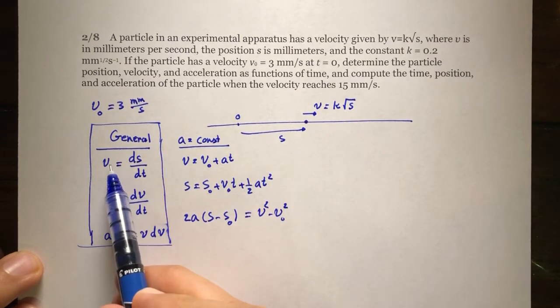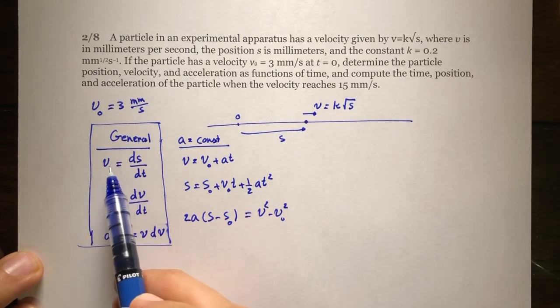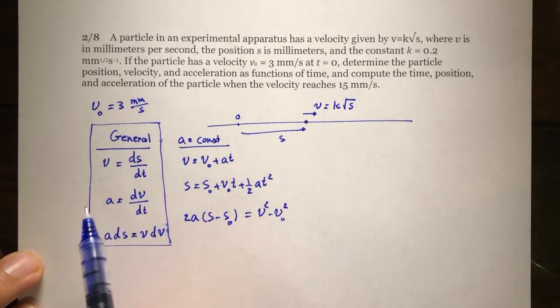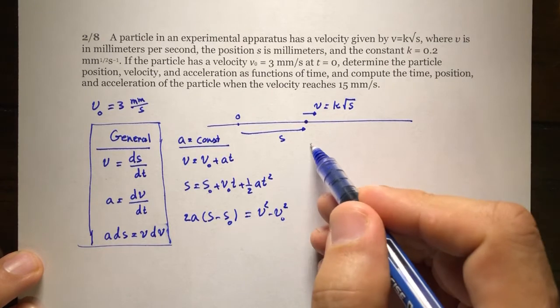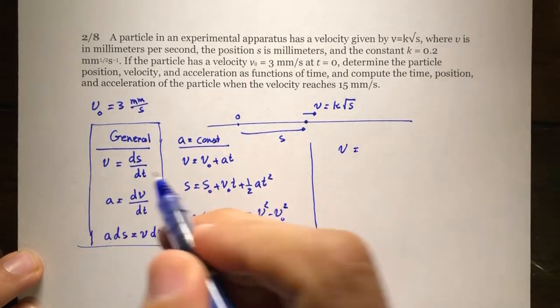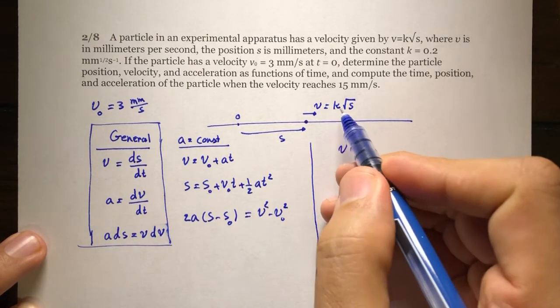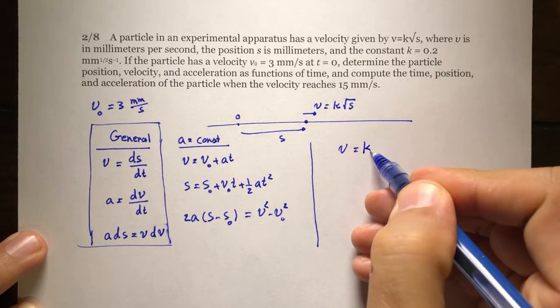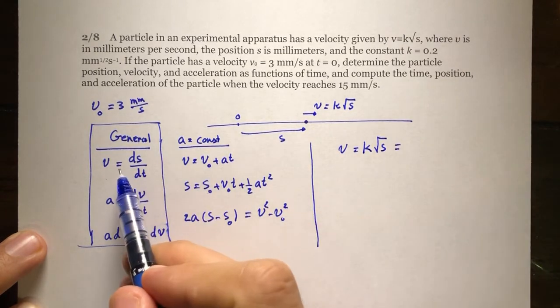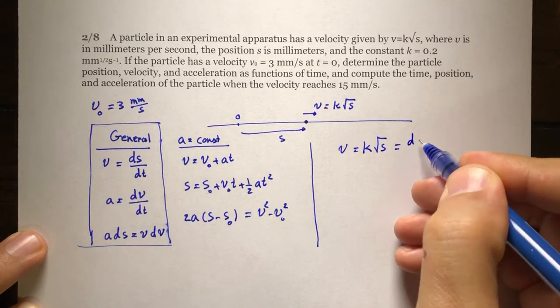If I put it here, then I can separate the variables and integrate this and find s as a function of t. How? This is the way it goes. Velocity is equal to k times root square of s. And from here, velocity is equal to ds dt.